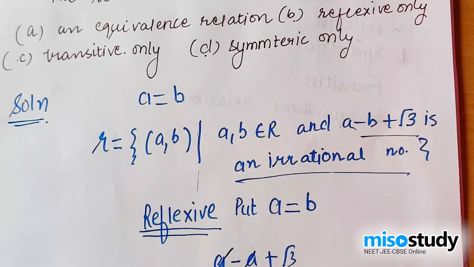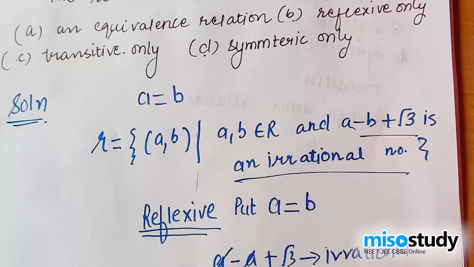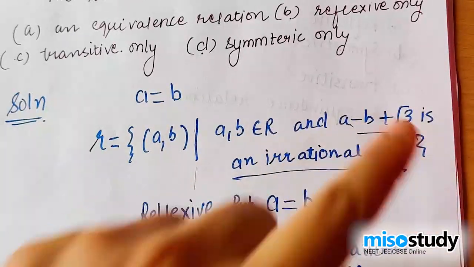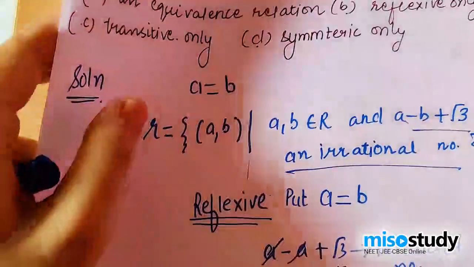What you get in return is √3, and I know it's an irrational number. Therefore, on putting a equal to b for any value of a, this turns out to be an irrational number, hence reflexive.